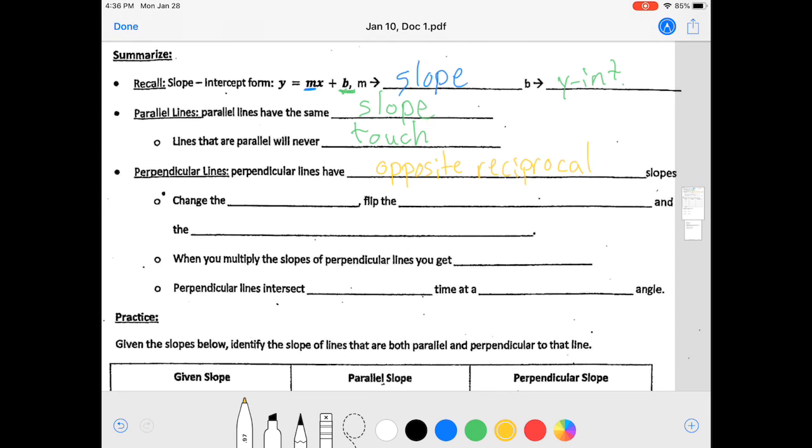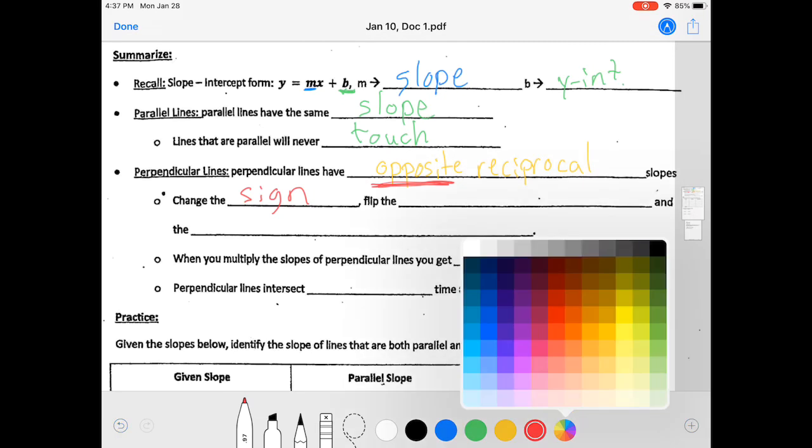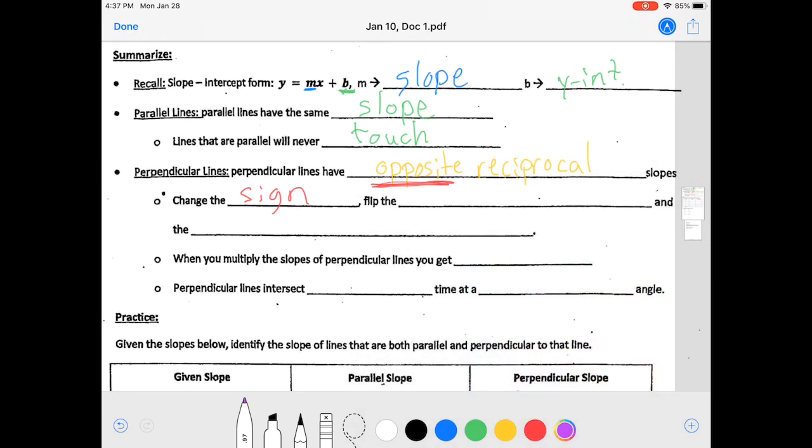So the opposite part is going to tell us, I'm going to try to color code it so we can keep up with it, the opposite word is going to tell us to change the sign. Then the reciprocal word is going to tell us to flip the denominator and the numerator.